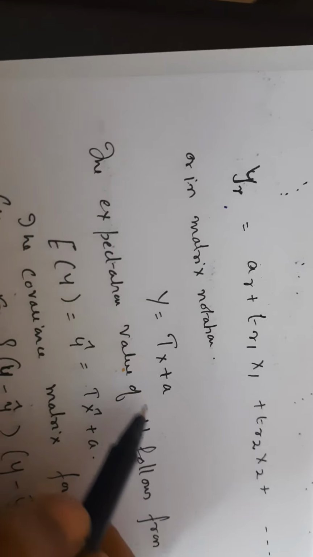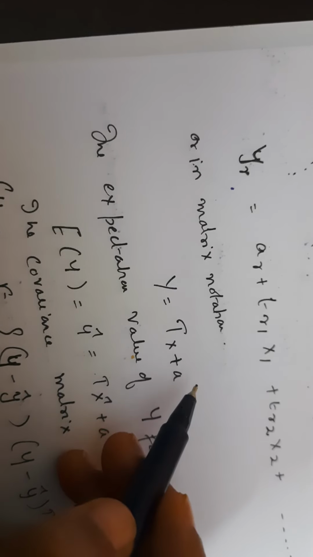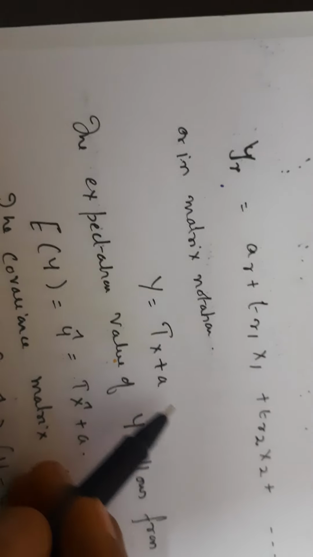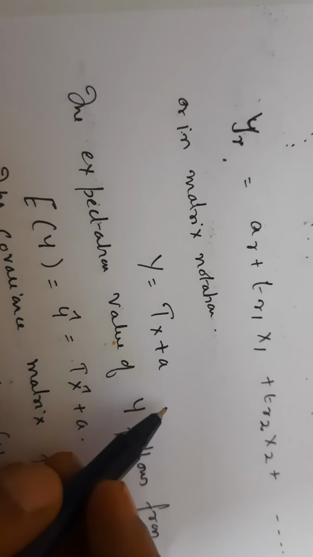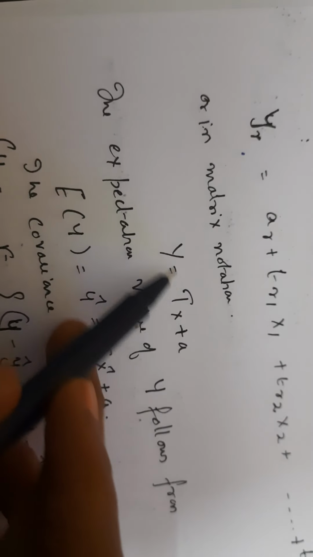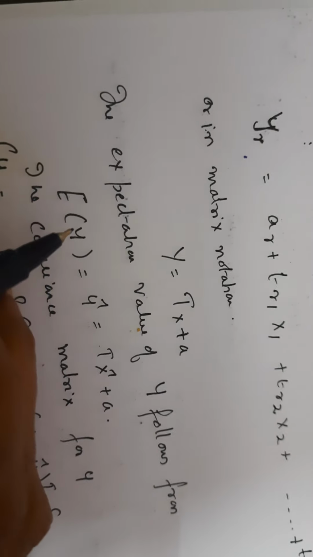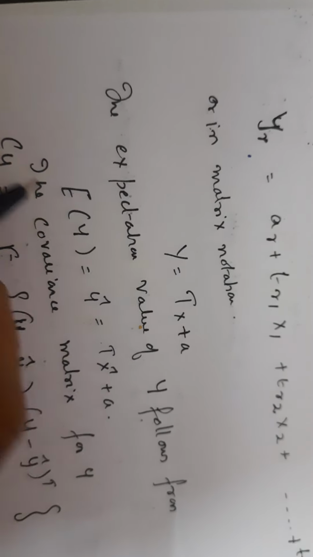In the last class I explained to you about the orthogonal matrix and the rules for the orthogonal matrix, and also we derived this equation. Suppose we have a function y given by Tx plus a. Y is related to x through T, and a is some constant.